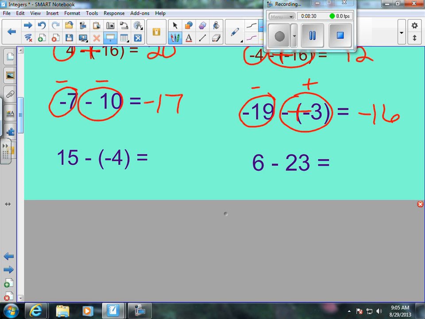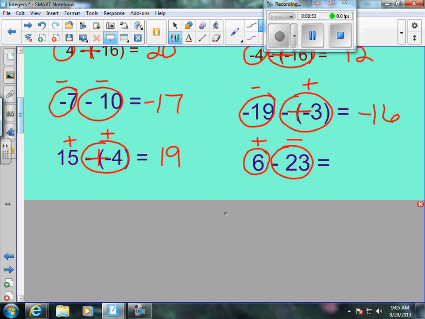2 more. 15 is positive. 4 is also positive because 2 negatives make a positive. So we have 15 and 4, same signs. Add them, positive 19. In this problem, 6 is positive. 23 is negative.